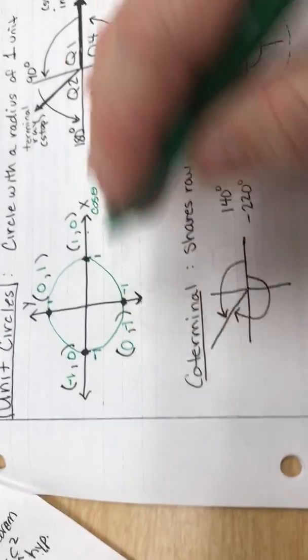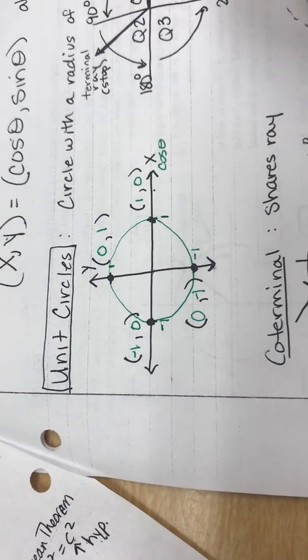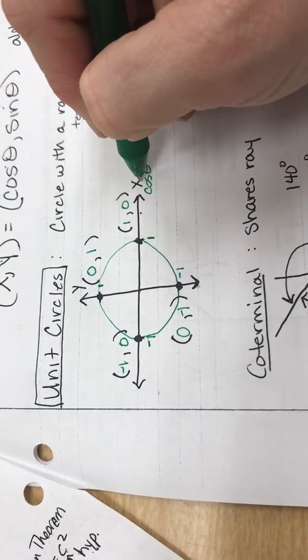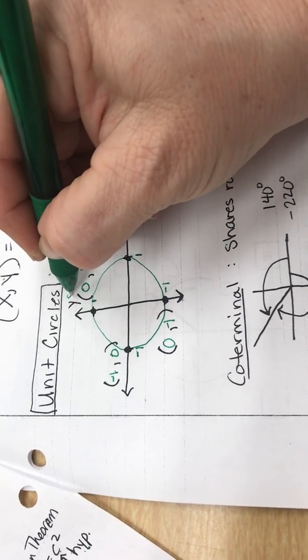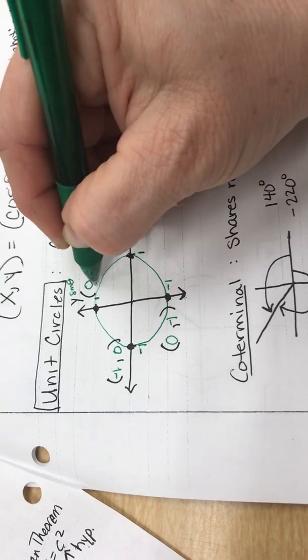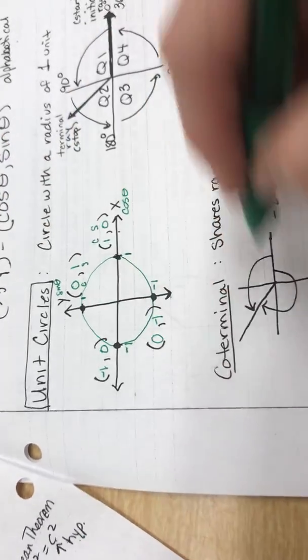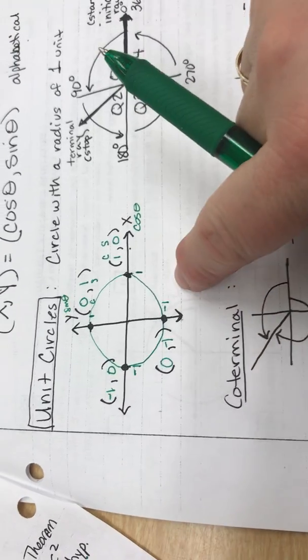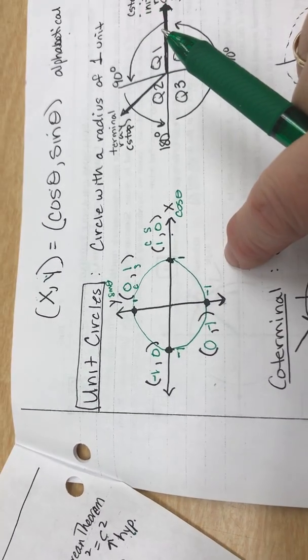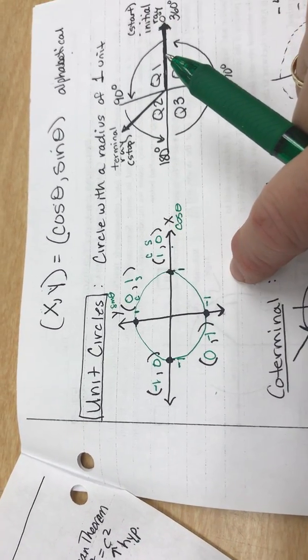These are just your x, y coordinates. But it's really not x and y anymore. It's cosine and sine. The y-axis is sine theta, so it's cosine and sine and so on. Okay? So this is going to help us when we fill out an exact value chart this week. Okay, so try to remember this.